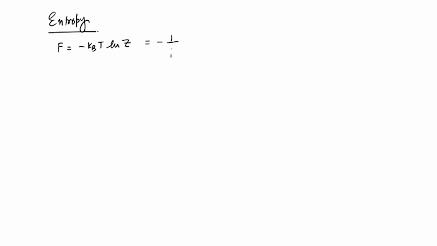So, this is minus 1 over beta log Z, which is equal to minus 1 over beta log of the summation over r of exponential minus beta E_r. This is a simple expression we can calculate.